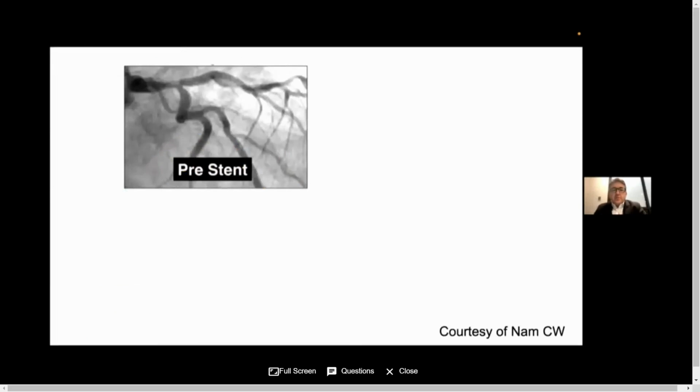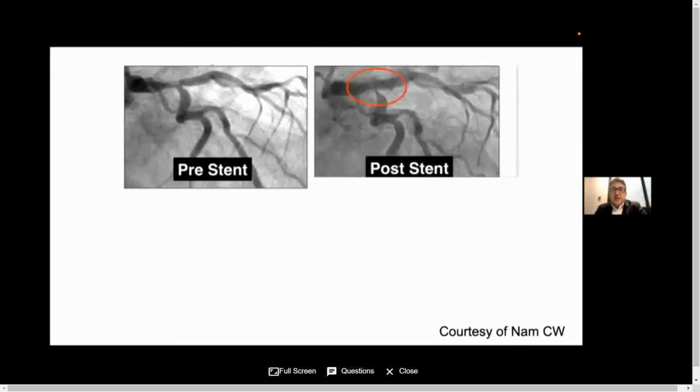So this is a great slide from Dr. Nam in South Korea, from a whole series of publications he presented, essentially looking at how the circumflex artery ostium can give the appearance on an angiogram of being pinched after PCI to the left main stem.